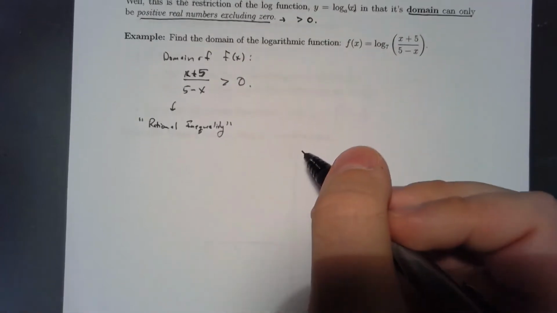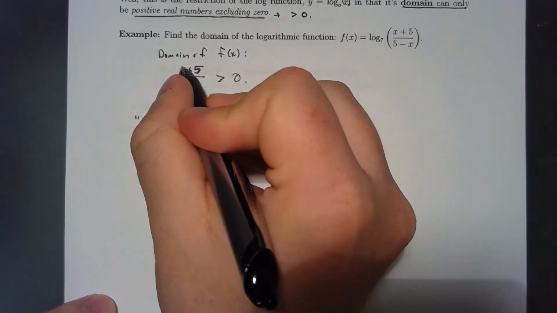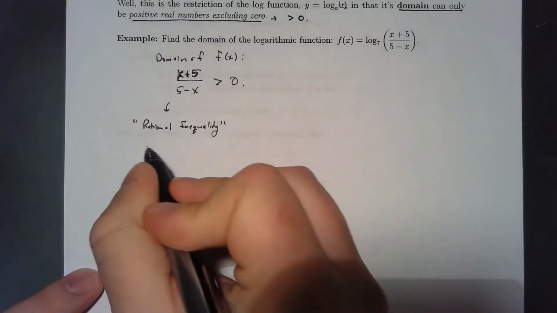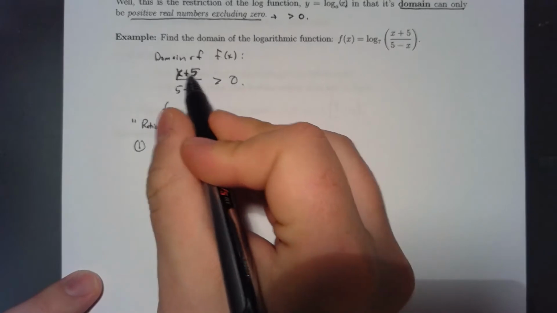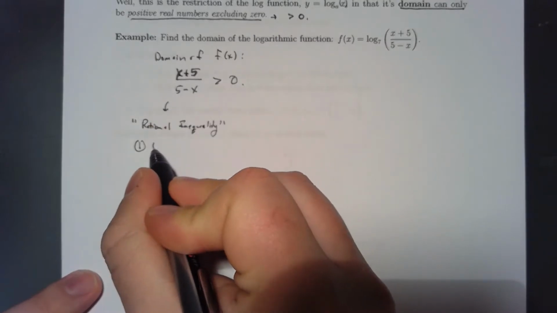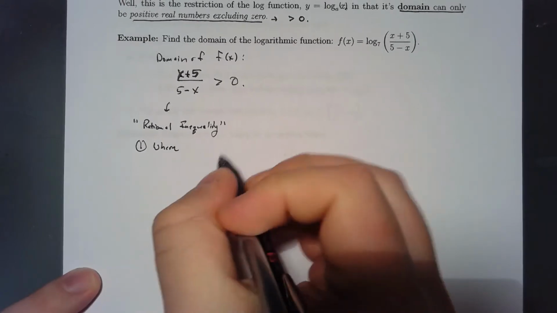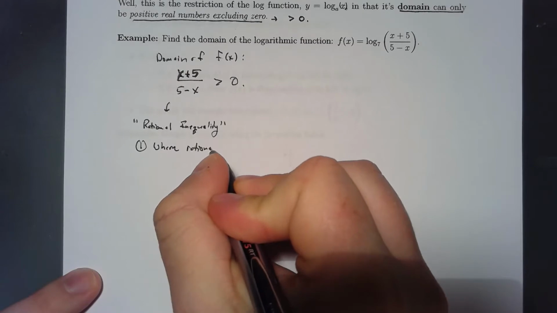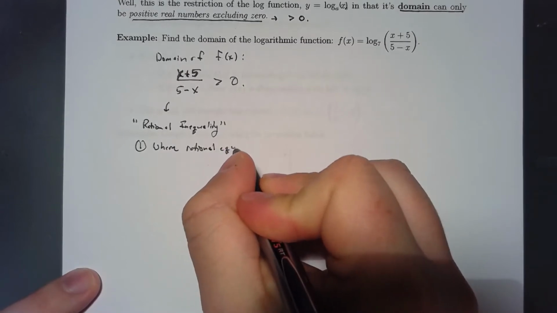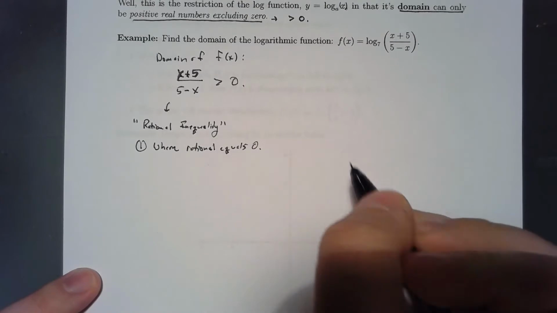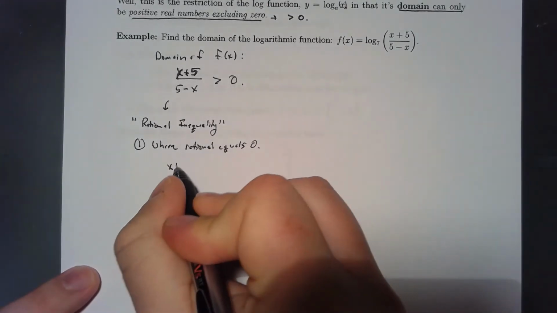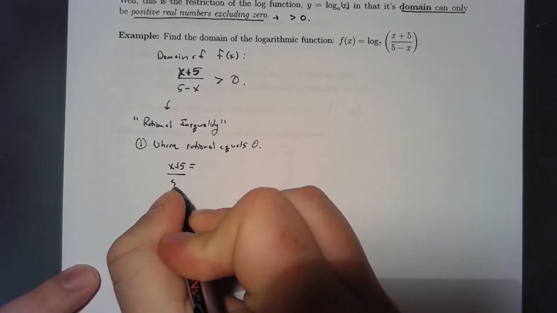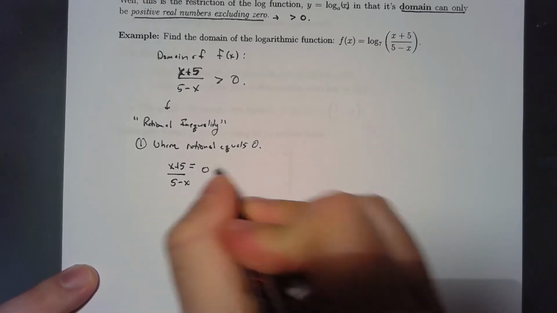So remember, with a rational inequality, you have to look at two places where breakpoints occur, right? Where this is equal to 0, so it's where the rational equals 0. So that's where (x plus 5) over (5 minus x) equals 0, right?